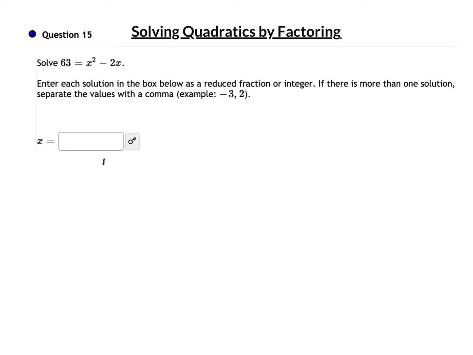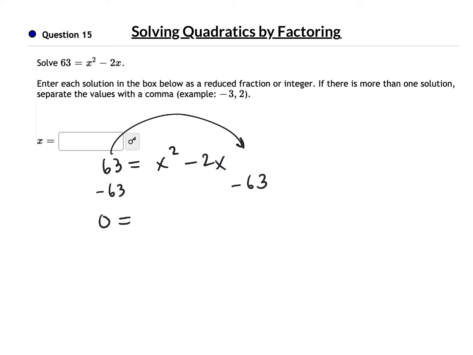Question 15 is again not equal to 0. I'm going to move the 63 over here. I'm going to subtract it from both sides. 0 equals x squared minus 2x minus 63. Let's factor this. X times x is x squared.